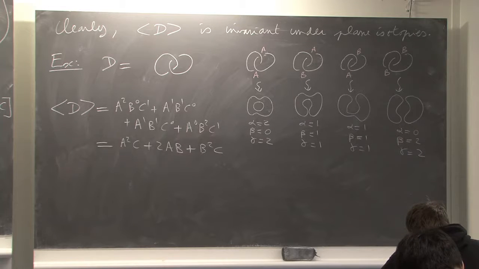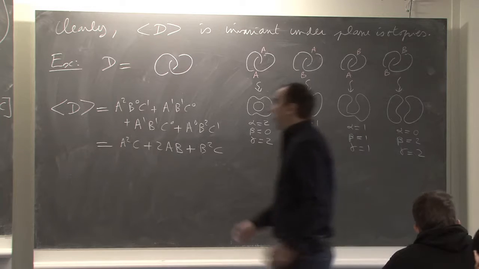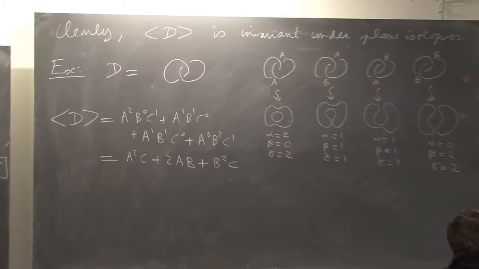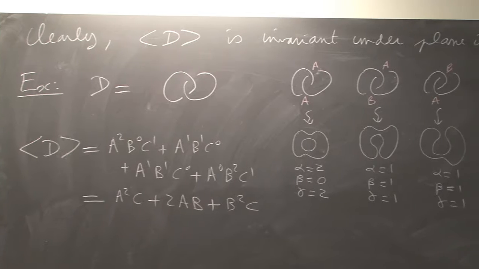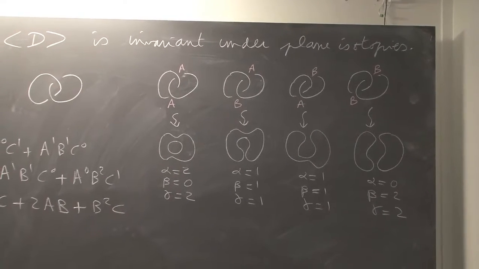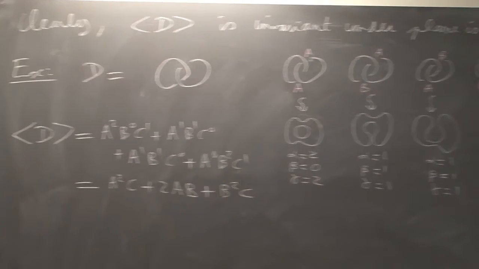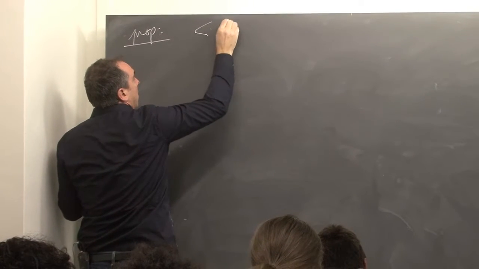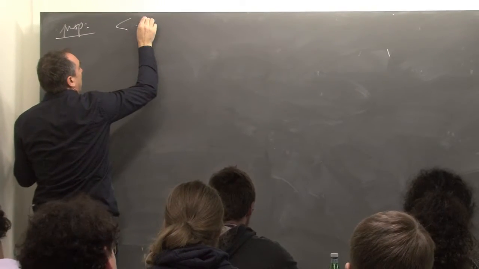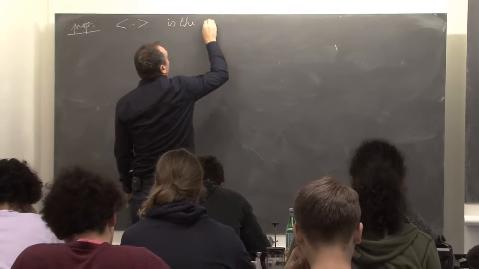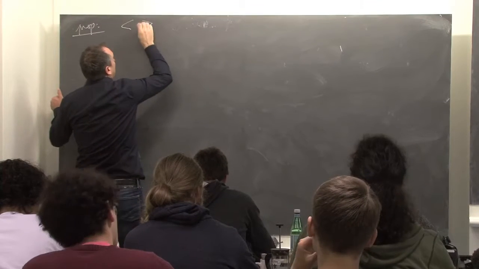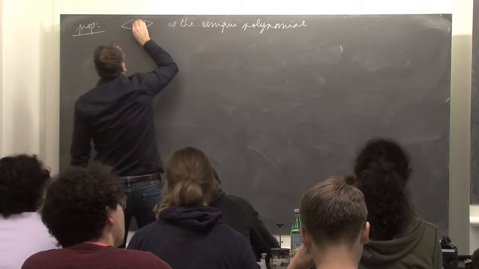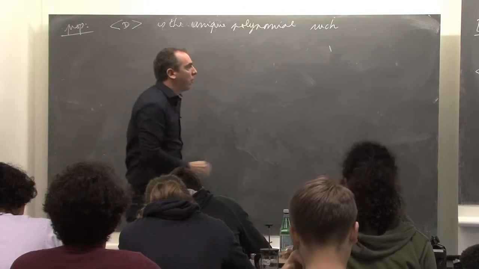So we can say the following: we have this property that this polynomial is, let's say, the unique polynomial which satisfies the following properties.